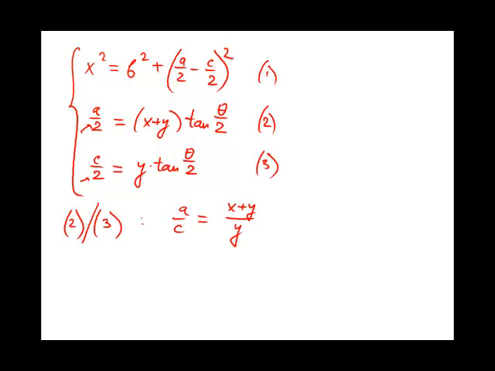Because they cancelled out. Because when I divide left hand side by the left hand side, I get a over 2 divided by c over 2. And these two are gone.